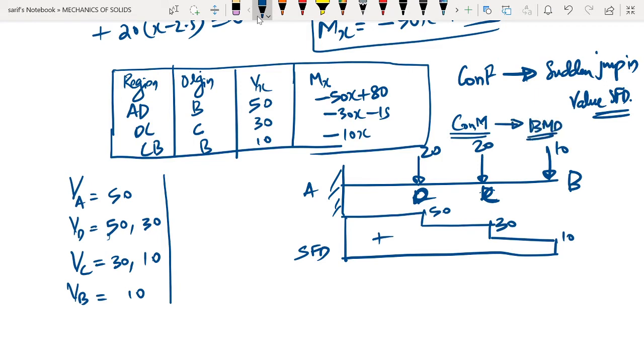However, if you look at this particular loading diagram, we do not have any concentrated moments acting on the beam, and therefore this kind of sudden jump in the bending moment diagram is not going to occur, and the calculation becomes rather simplified. That is, we do not have to look for two values at any particular point. At every point there will be only one value, because there is no concentrated moment.